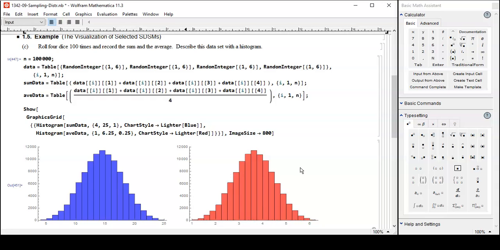So you see, 4 dice, add them all up, and 4 dice, add them all up and divide by 4 for the mean. And how do they differ? Just scaling. So there's no reason to study the sum. It's usually better to just go ahead with means all the time, which we're going to do.